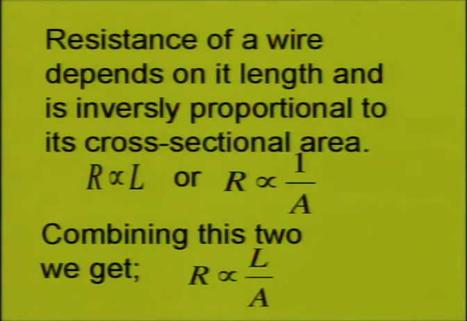Our topic for today will be resistance and cross-sectional area. So combining the two, resistance is proportional to length and resistance is inversely proportional to the cross-sectional area. Combining these two, we can get R is proportional to length over area.